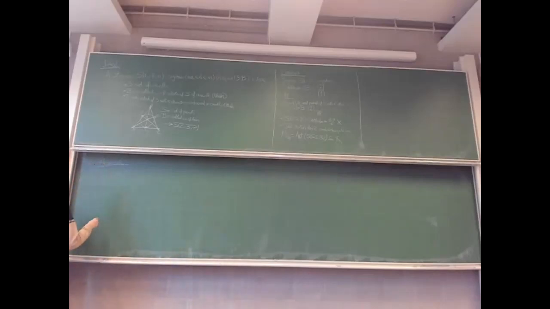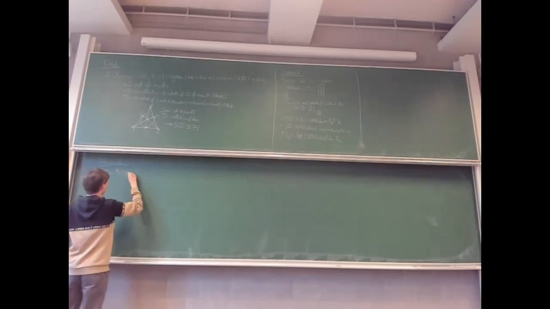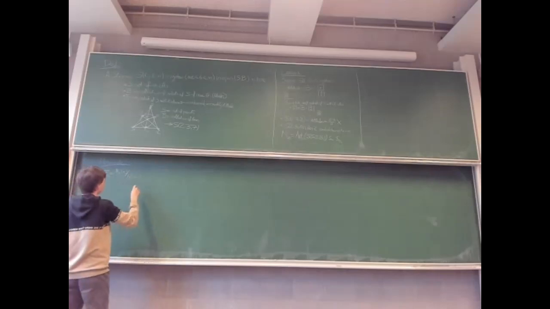So maybe a bit of notation to start. We will denote F4 as the Galois field of 4 elements. So this is just F2[x] modulo x squared plus x plus 1.